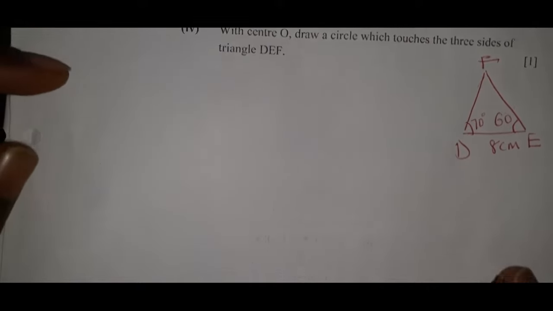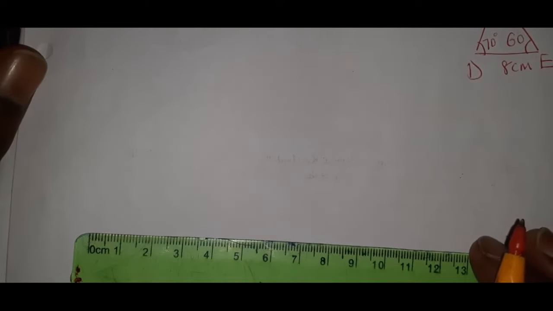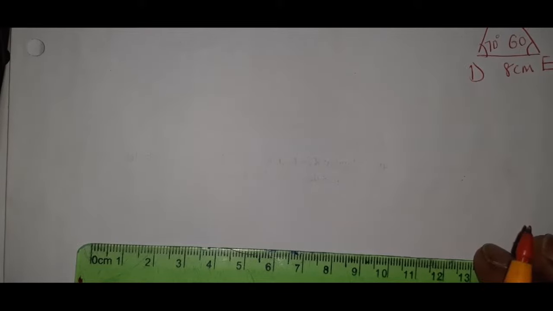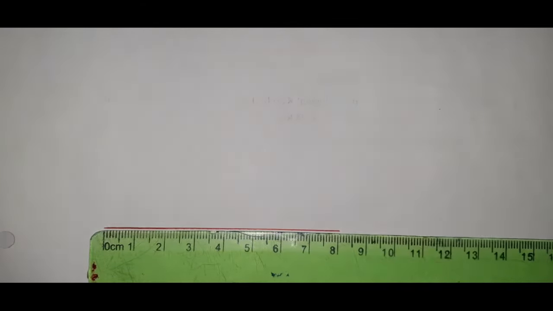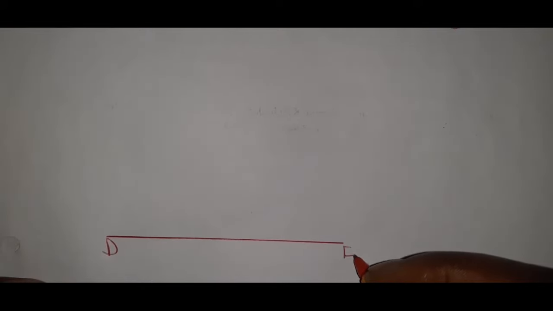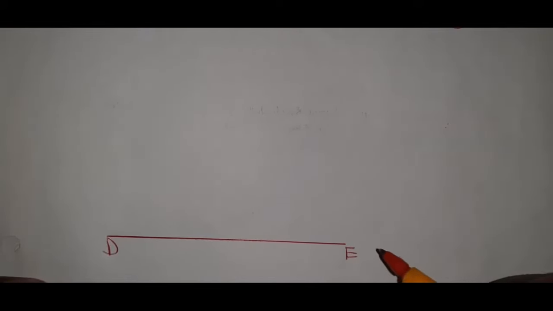So I'm going to start here. We say this is going to be 8, so from here up to 8. Okay. Then after that, this is our D, the E. Now take note from this.